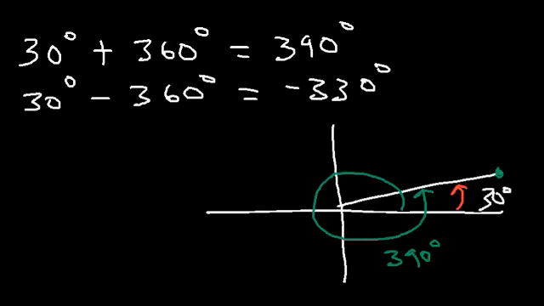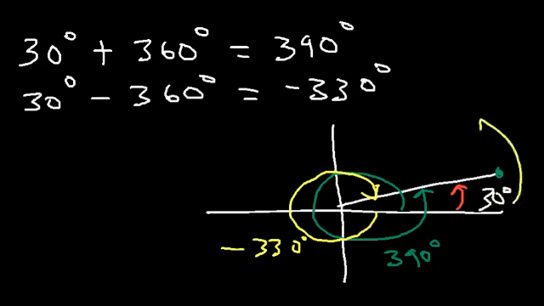The same will be true for the negative coterminal angle. This is negative 90, negative 180, negative 270, negative 330. If you have a negative angle, you need to travel in the clockwise direction. If you have a positive angle, you need to travel in the direction opposite to a clock. That's counterclockwise.